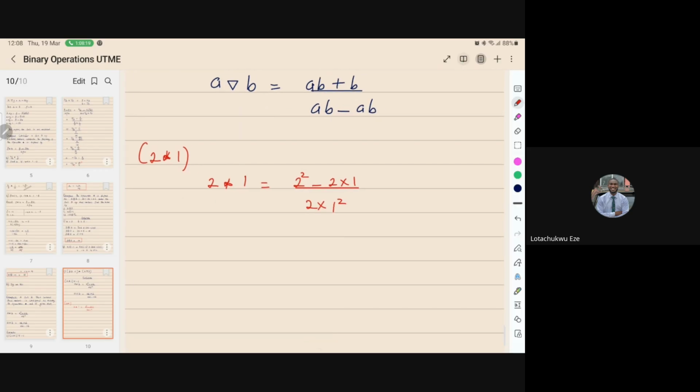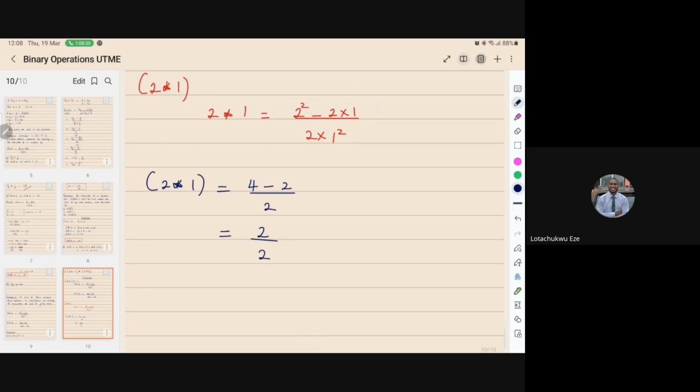Now 2 asterisk 1 will be equal to 2 squared is 4 minus 2, all over 1 squared is 1 times 2. This implies that we'll have 2 all over 2. And therefore, this very operation, 2 asterisk 1, will be equal to 1.